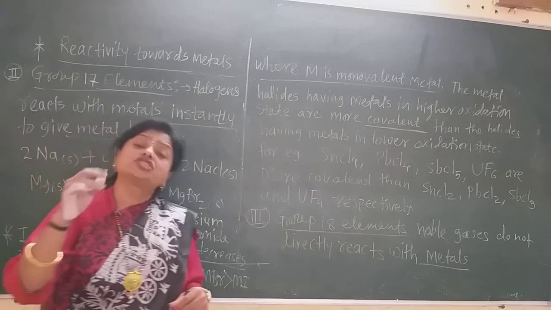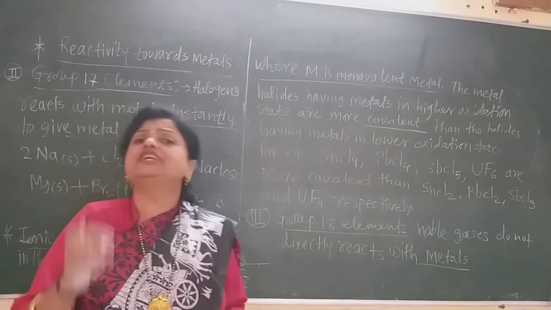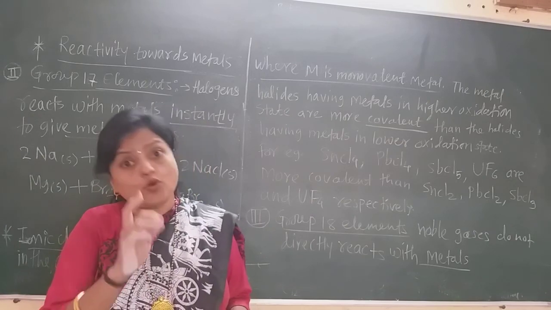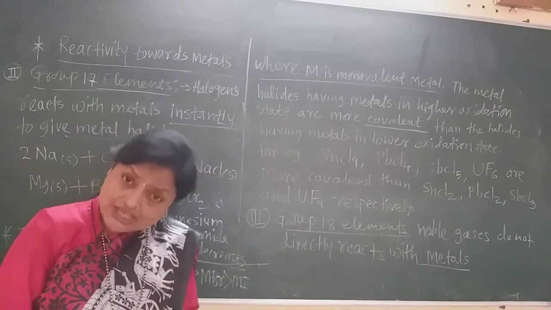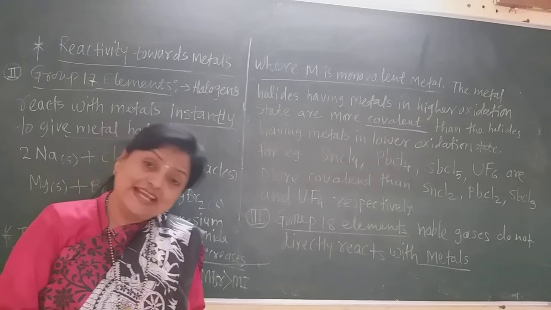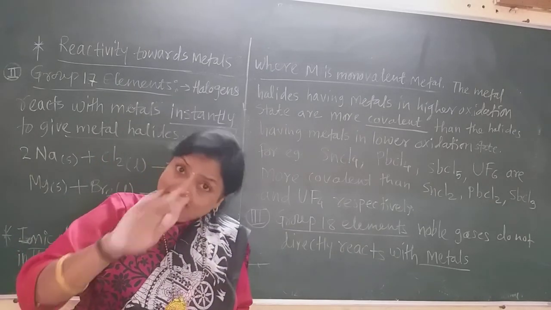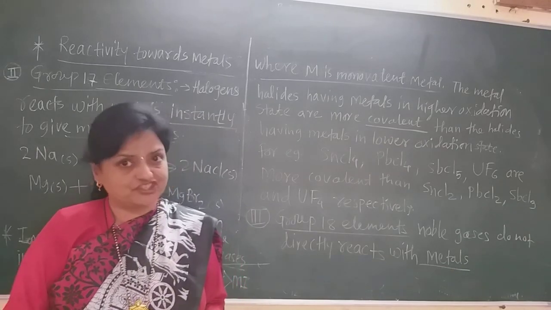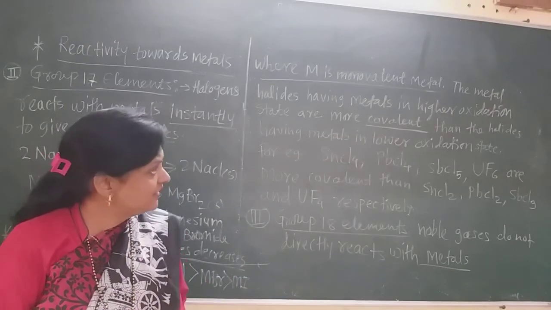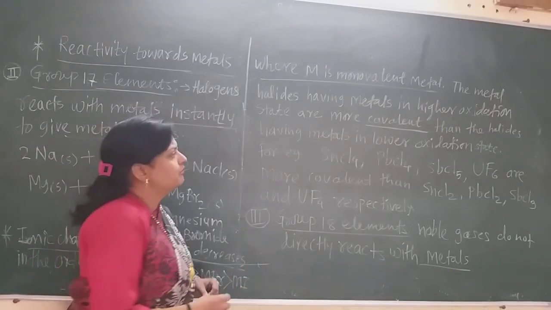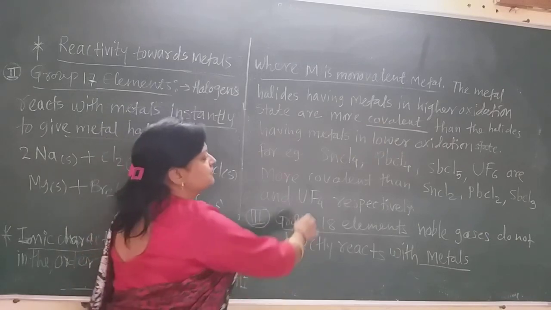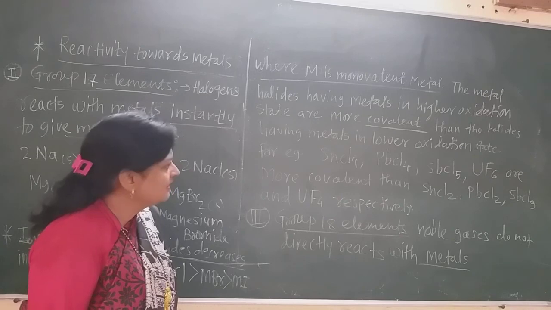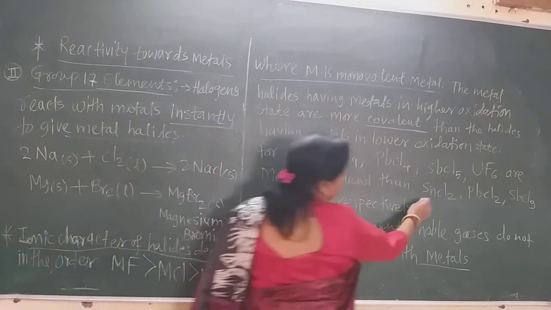That means such metal halides in which the metal is in the higher oxidation state are generally covalent compared to their metal halides in which the metal is in the lower oxidation state. For example, stannic tetrachloride is more covalent than stannous dichloride.